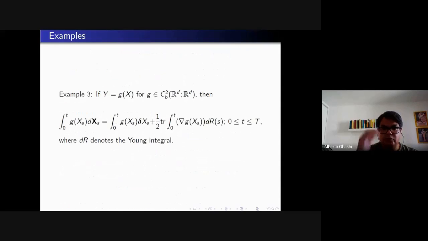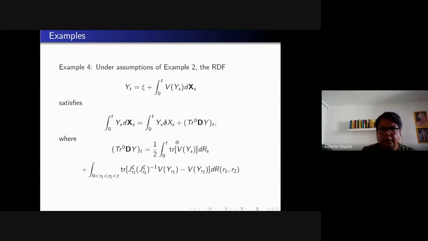Example 3 is a very didactic example. Y is g of X. Again, g is a C2 function with bounded derivatives. And the rough path integral is actually the Skorohod integral plus a remainder term here. dR is the Young integral. A more sophisticated example is when you consider Y as a solution of a rough differential equation.